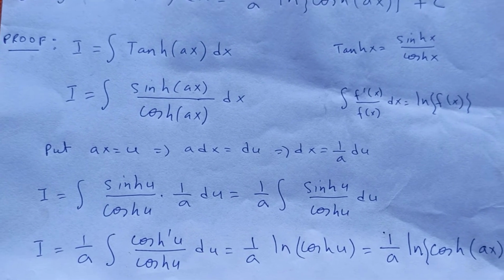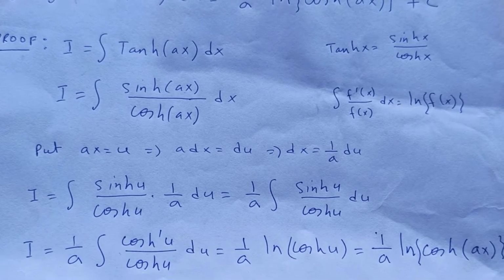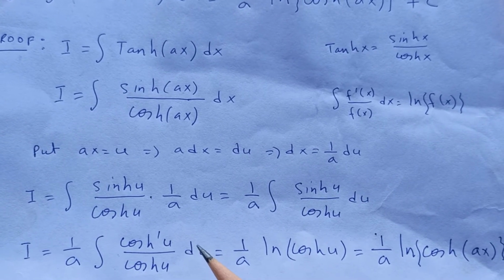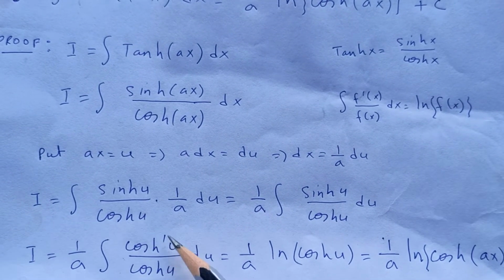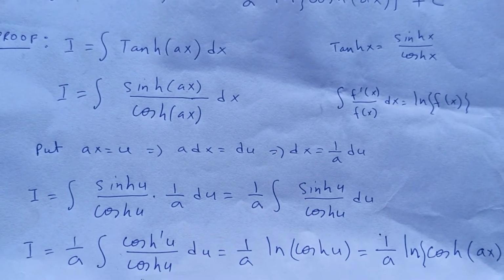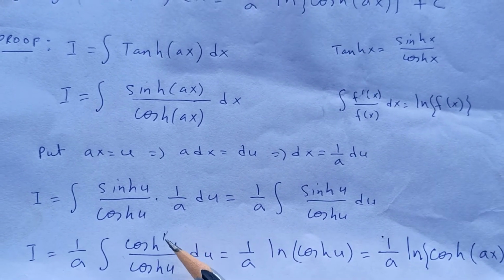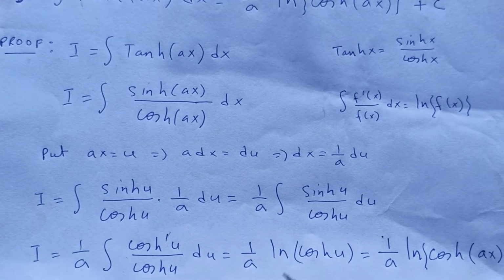Now I is going to be 1 upon a, the integral of sine hyperbolic of u, which is nothing but the differentiation of cos hyperbolic. So cos hyperbolic dash of u upon cos hyperbolic of u. This is nothing but differentiation one time. If you differentiate cos hyperbolic of u, then you'll get sine hyperbolic of u.